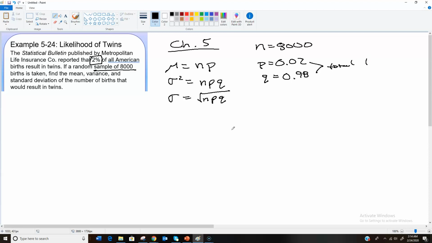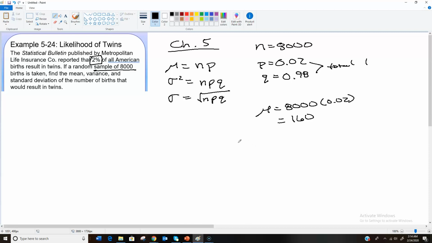So let's calculate. The mean is n times p, so that would be 8,000 times 0.02. So out of 8,000 births, you would expect 2% of them to be twins, and that comes out to be 160. So 160 births out of 8,000 would be a set of twins.